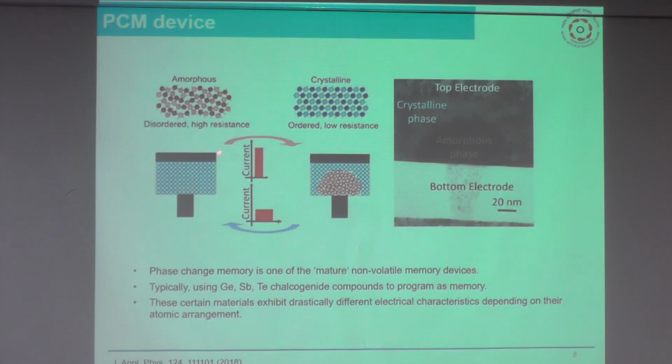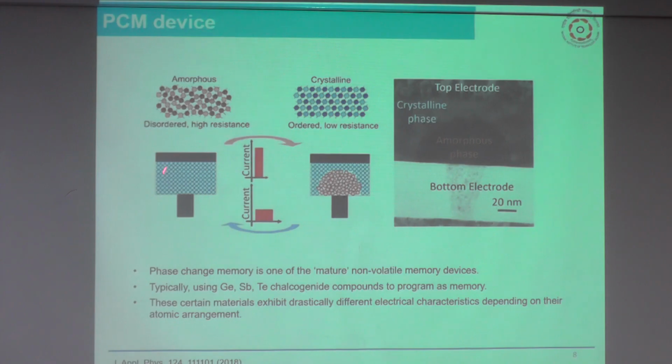So from here you can reach this region. The particular volume got amorphized. Okay. And then if you want to come back to the same position, what you can do is provide a set pulse, which has a relatively lower current value, as you can see, but a longer pulse duration. Okay, so that you can again come back to this position.